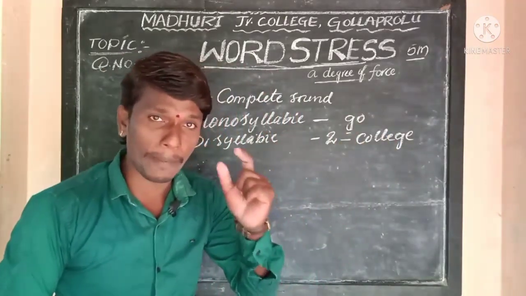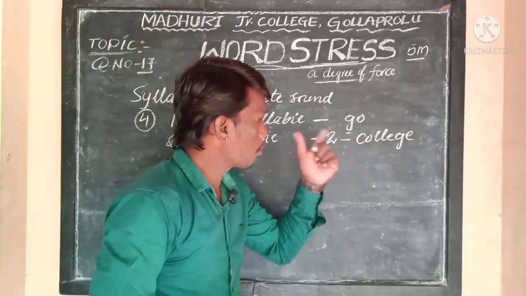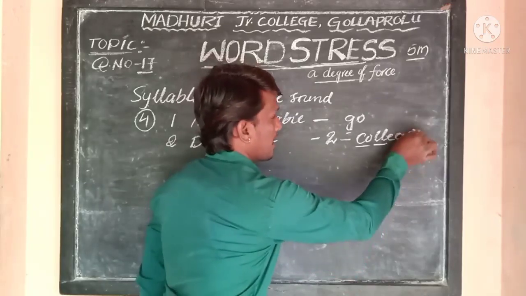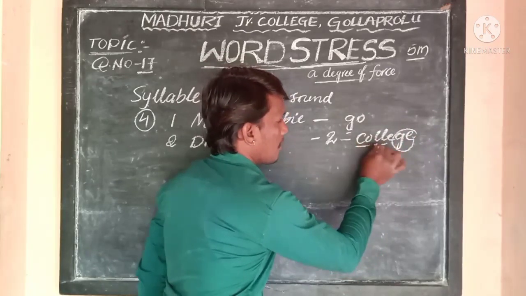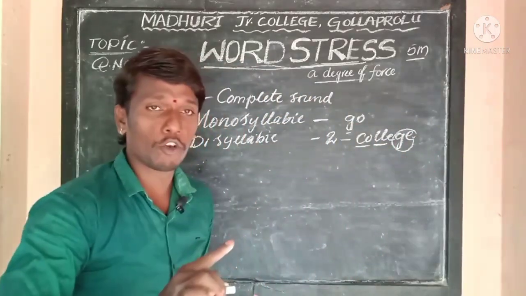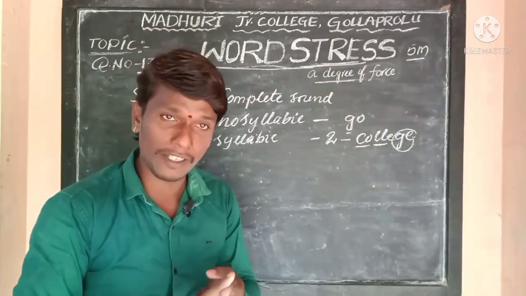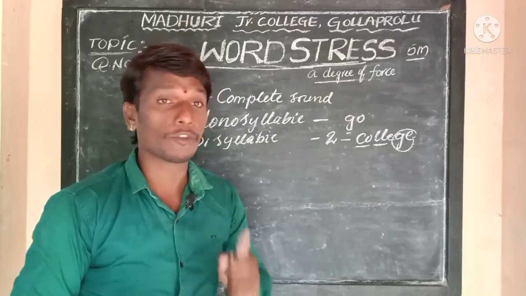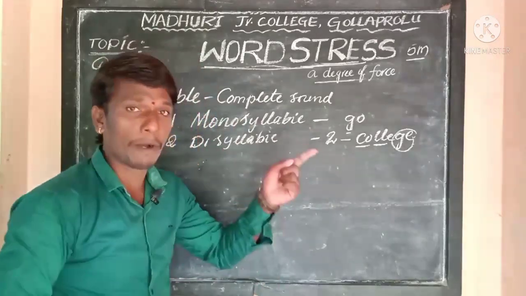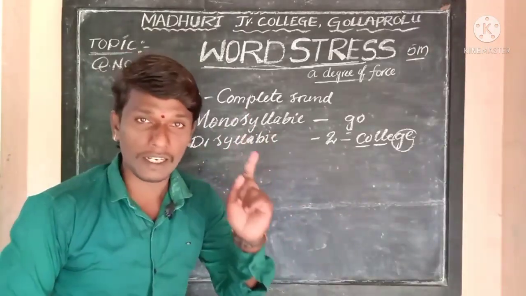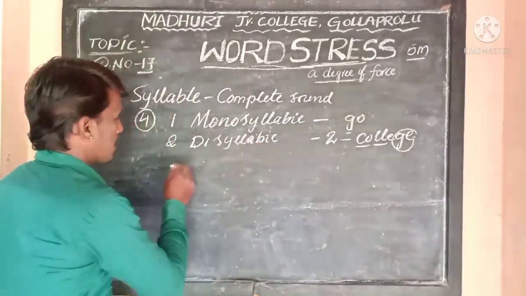There are only 2 complete sounds, col, lege. So you should have knowledge of syllables, not letters. You should consider syllables only, not letters. You should not think of how many letters there are; you should think of how many syllables there are. See here, and it is a disyllabic word.